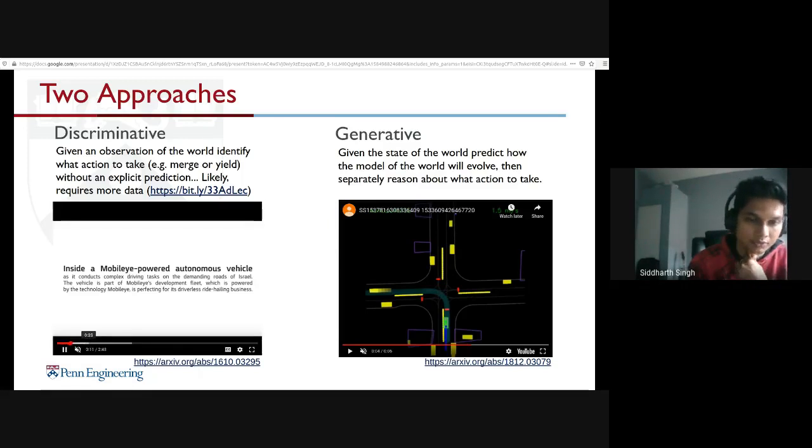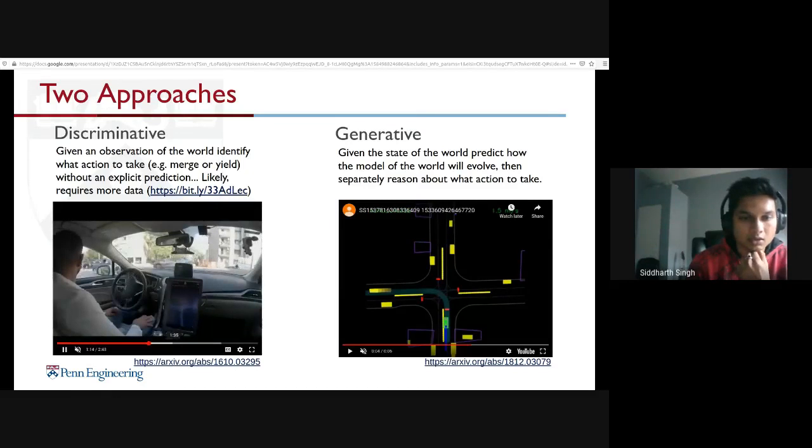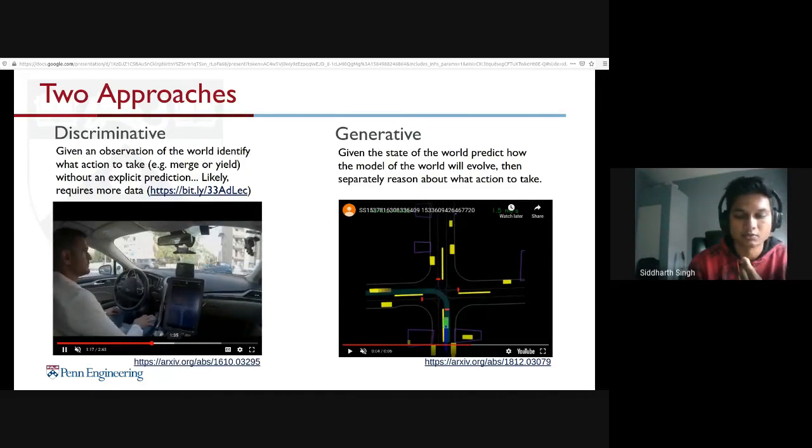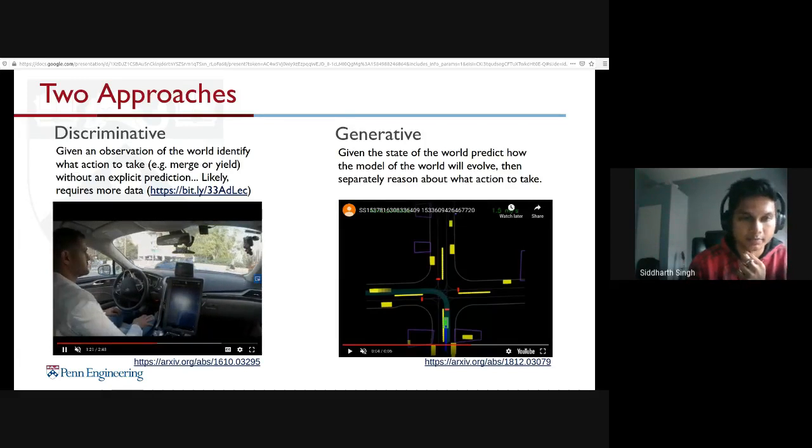They are working on software solutions for driverless vehicles, and they perform predictions based on objects, not recreating the scenes. So this does not have a lot of information of what is going on under the hood. But that's the discriminative approach.